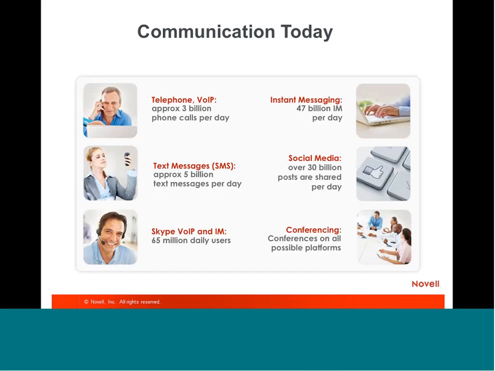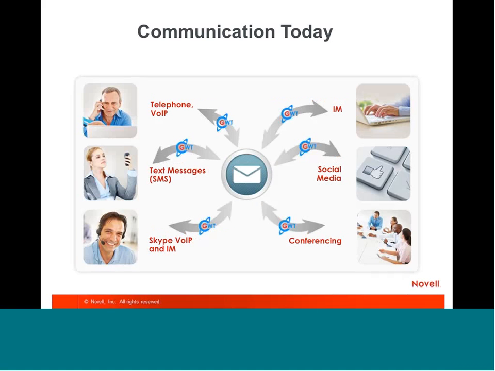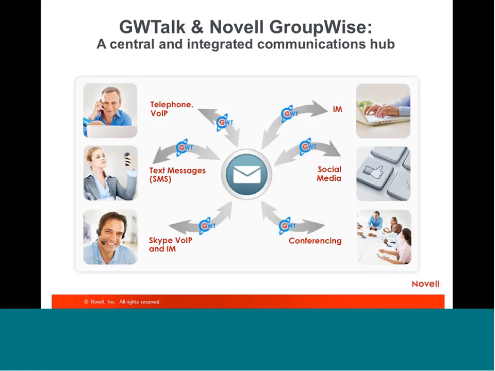So coming back to the question I had two slides before: a tool that would make it easier to use all of that together, the Swiss Army knife. What would that look like? What would that do in this layout here? That actually is what GW Talk is doing. It brings it all together.